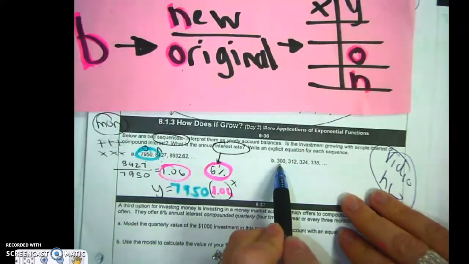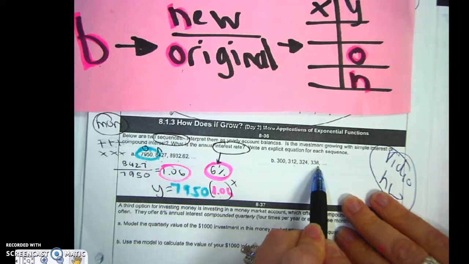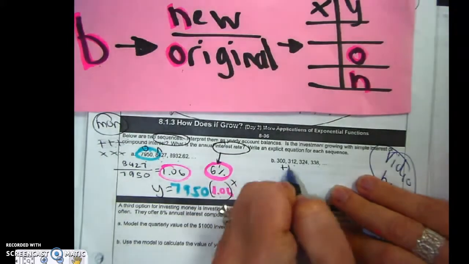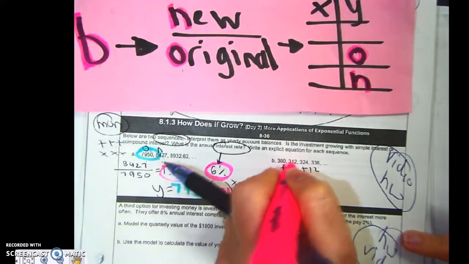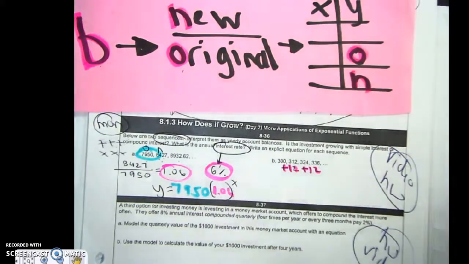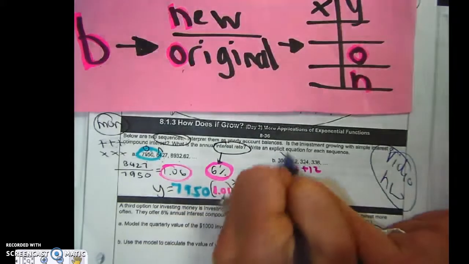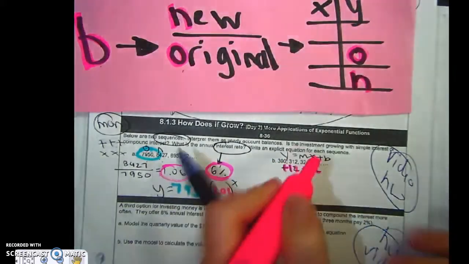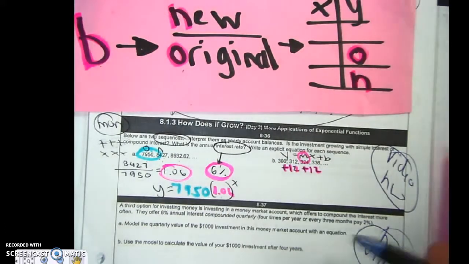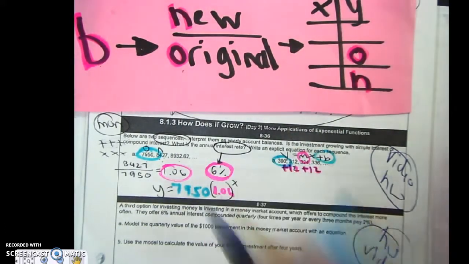Let's look at this one. I notice the numbers are getting bigger and bigger and bigger. And I actually notice it's a pattern, plus 12, plus 12. So since I can see it's a pattern, plus 12, I know that it is linear. Y equals mx plus b. This is your pattern. This is your start.